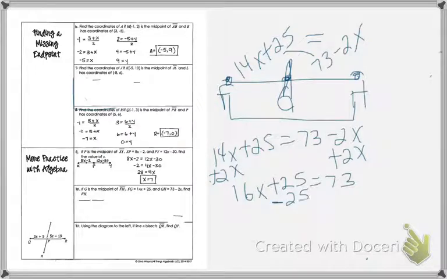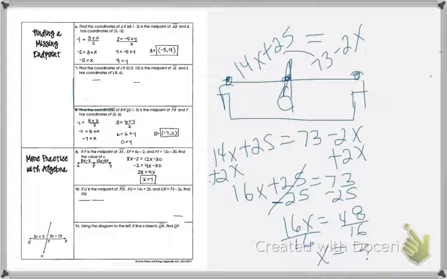So now I'm going to move the 25. And let's see what that is. So we have 16 is left here, and then we have 73 minus 25, that would be 48. And then we divide. x is equal to 3. I'm going to put x equals 3.